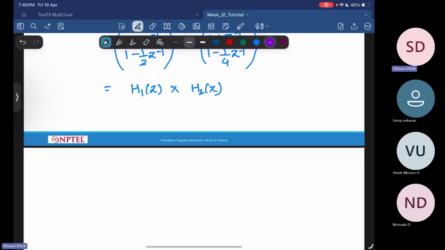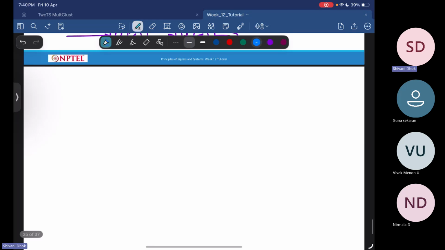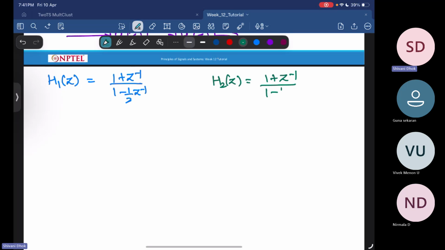Okay, so now what we want to do is something like this: H1 of z, H2 of z. So let me just quickly write both of them. H1 of z is equal to (1 plus z inverse) upon (1 minus half z inverse), and H2 of z is (1 plus z inverse) upon (1 minus 1 by 4 z inverse).